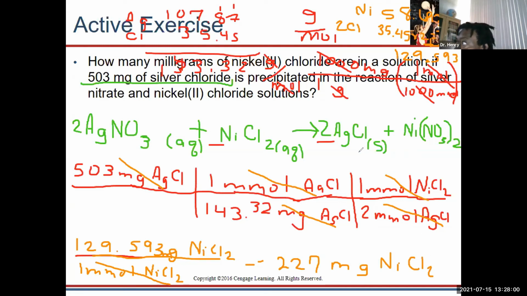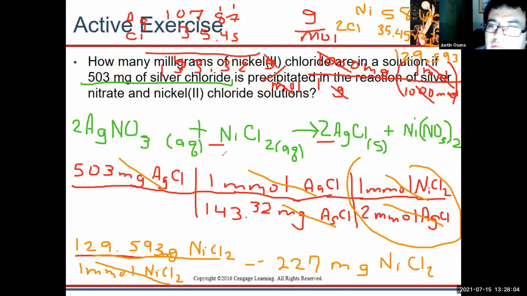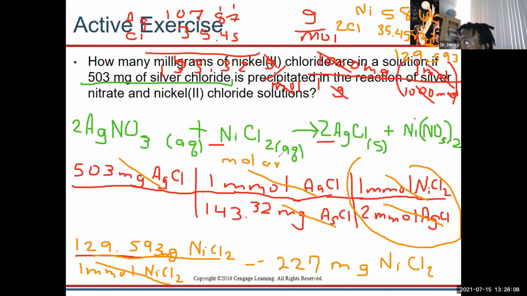That's located right here, that middle part. This here is your molar mass. And then this is also your molar mass. Okay, so can you guys see how it works out?